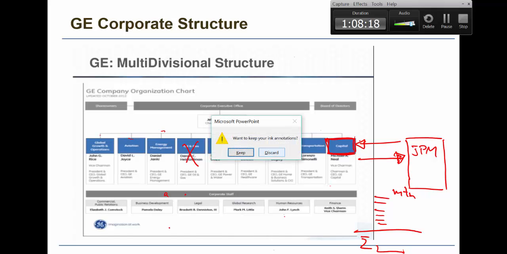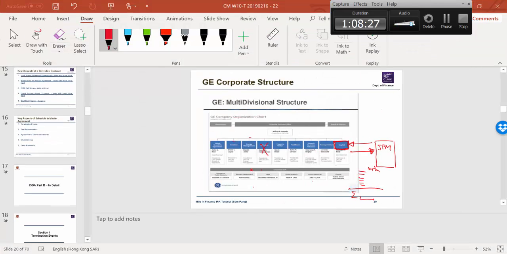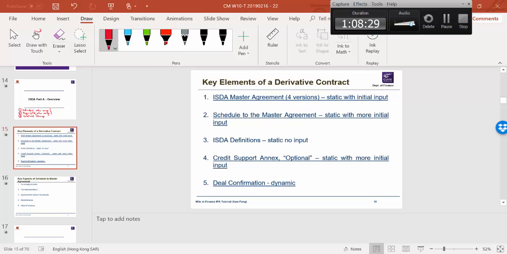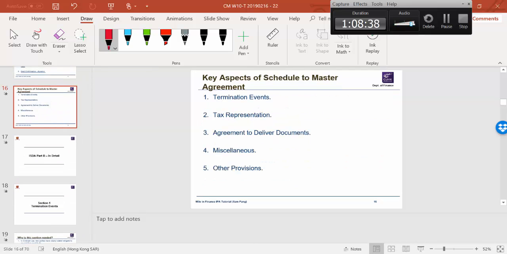Now, I will show you, and this relates to the schedule. And I already told you that in the schedule, there are 5 sections, and I want to talk about this one mostly, and maybe a little bit this one and a little bit this one.